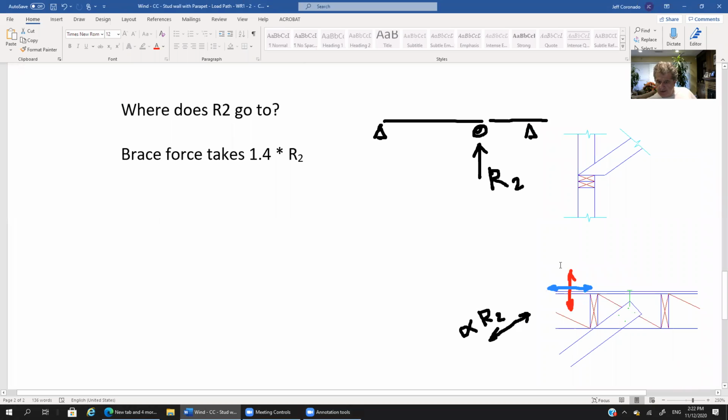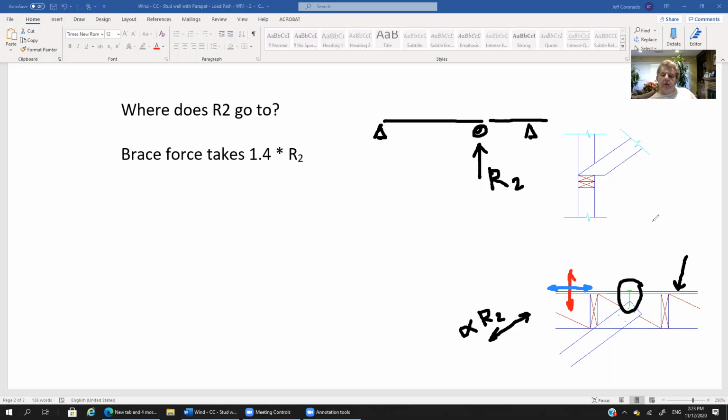What I want you to see is that there is a nail shown right here that's connecting the block to the wood structural panel. This is the diaphragm. That's kind of considered home base, if you will. Once we get our loads into the diaphragm, then we're done. We've resolved our forces. So that connector, that nail that's circled there in black, is what transfers the horizontal force from the block into the diaphragm or the wood structural panel sheathing.